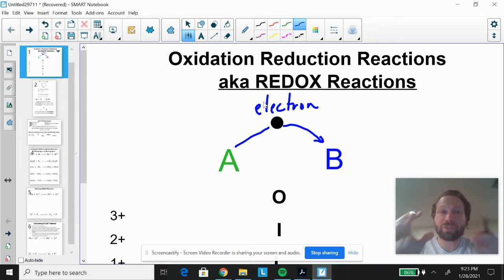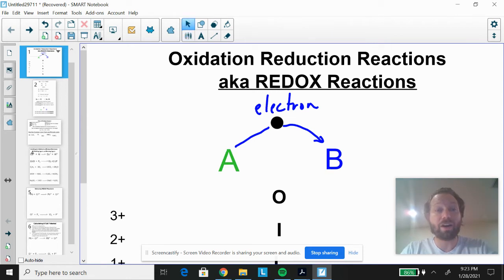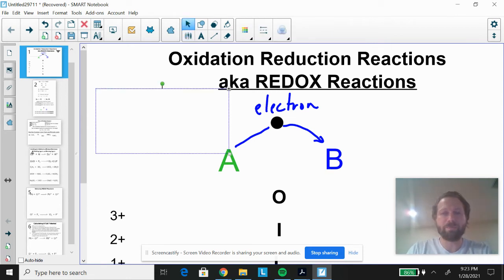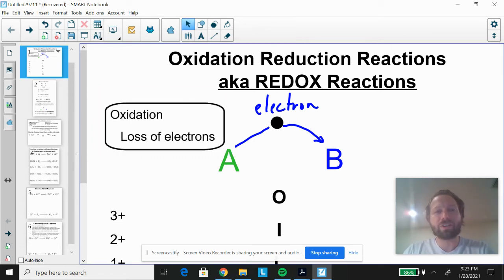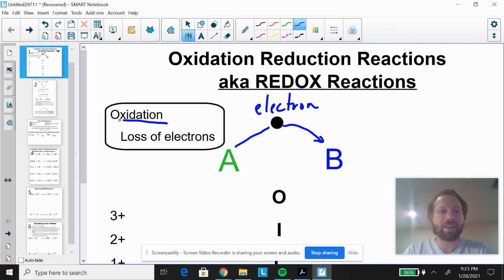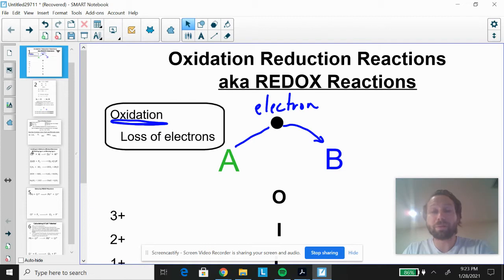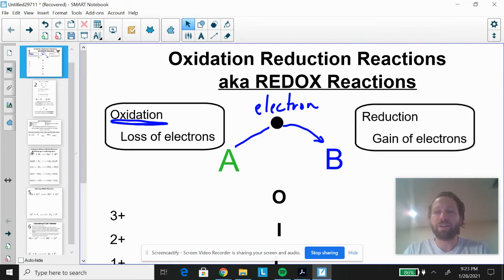And we have specific names for substance A and substance B because they are doing different things, right? In the case of A, we see that there's a loss of electrons. It's lost one electron in this case. We call this oxidation. And then conversely, B, the substance that received or gained the electrons, is being reduced.